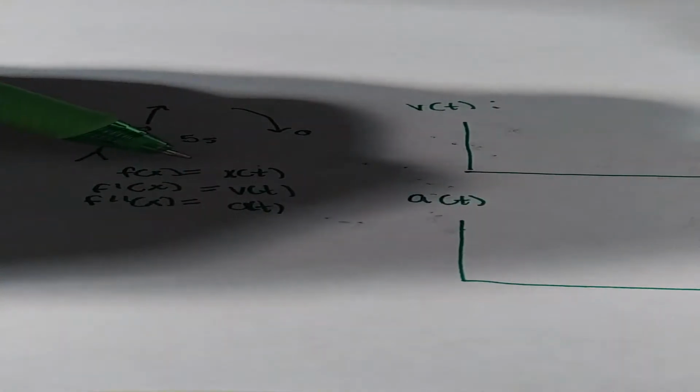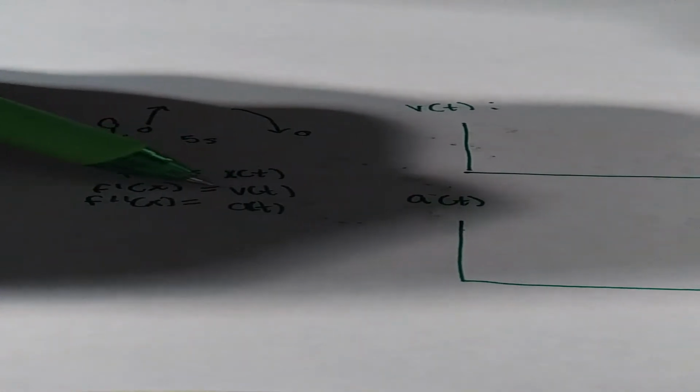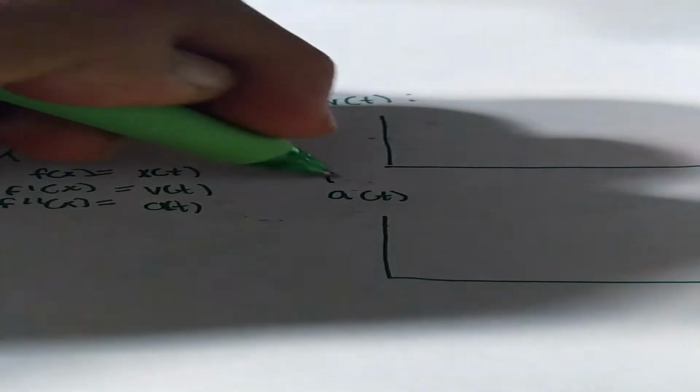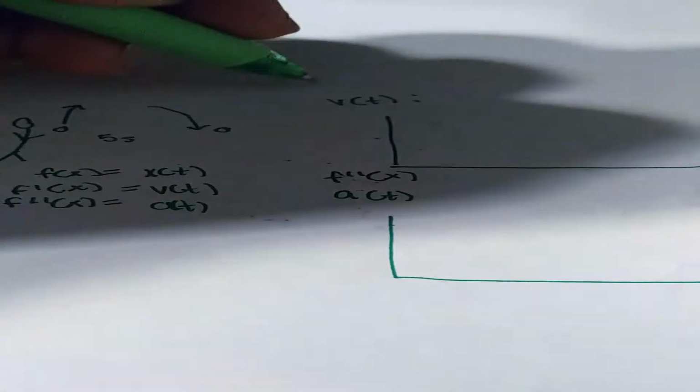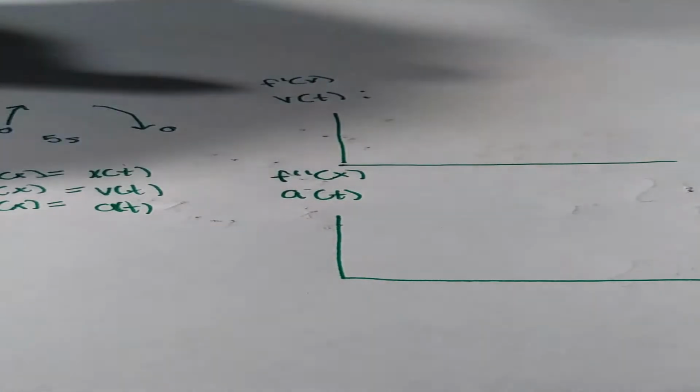So that's why I put primes here, because f of x would be position, f prime of x would be velocity, f double prime of x would be acceleration. So simply here, we could kind of just view it as that.